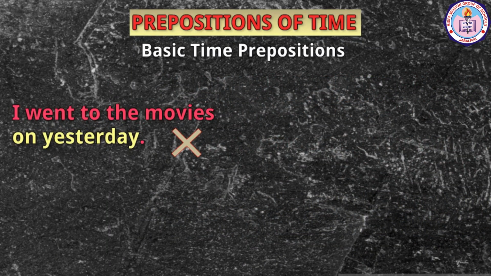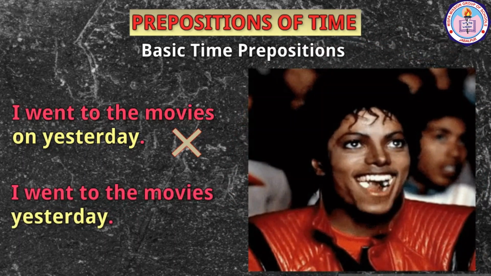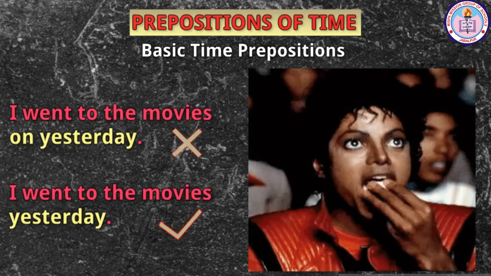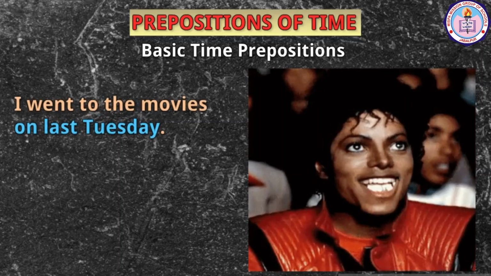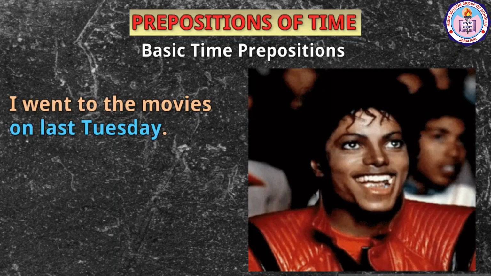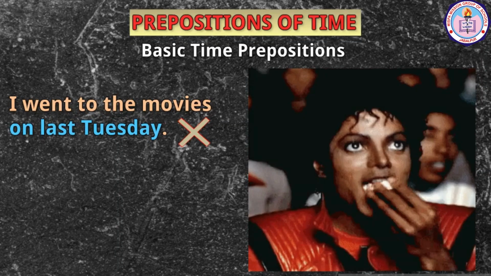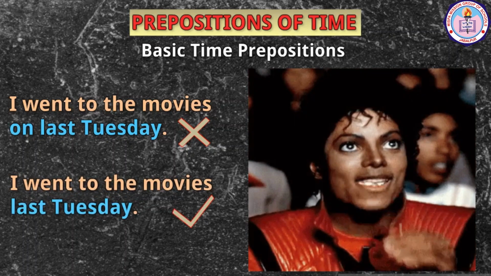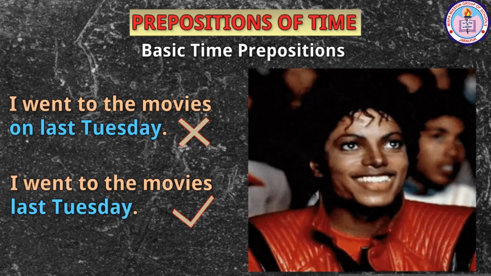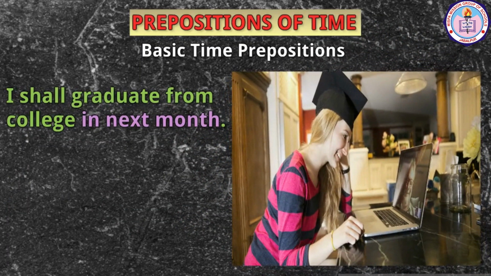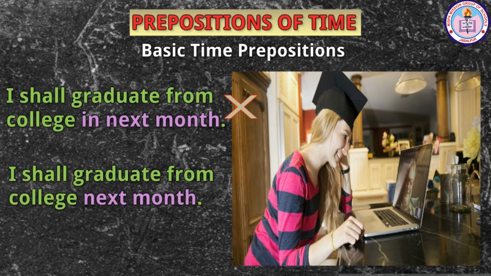It is incorrect. I went to the movies yesterday. It is correct. I went to the movies on last Tuesday. It is incorrect. I went to the movies last Tuesday. It is correct. I shall graduate from college in next month. It is incorrect. I shall graduate from college next month. It is correct.